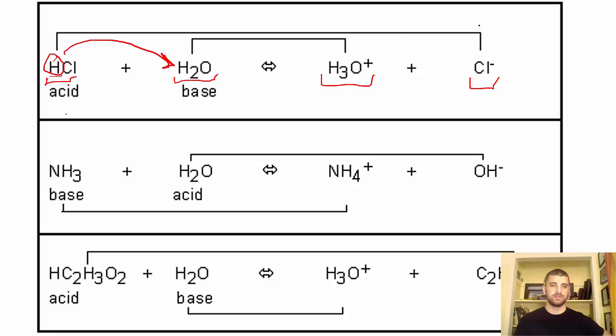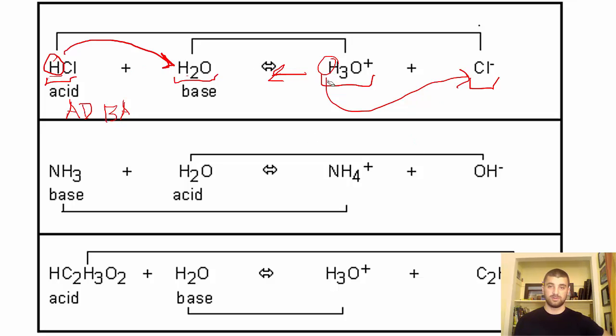If it's donating, acids donate and the base accepts, so HCl would be the acid and H2O would be the base. And if we look at the reverse reaction, I go from H3O plus to H2O, and from Cl minus to HCl. So the reverse reaction is taking one of those protons and giving it to a chloride ion to give us HCl.